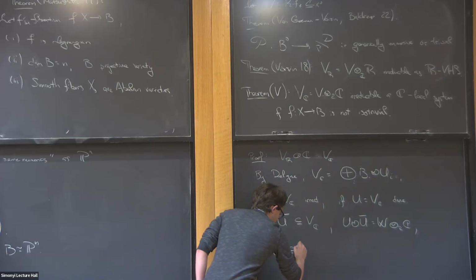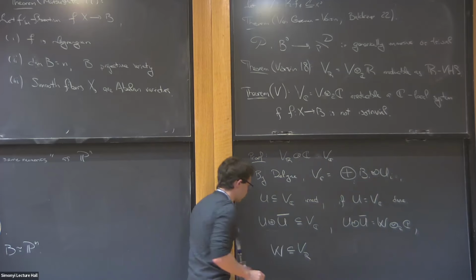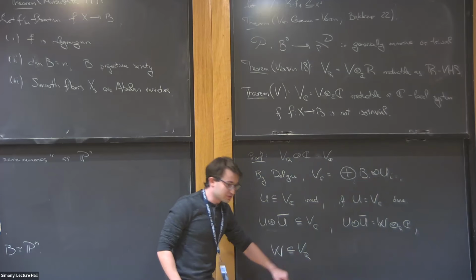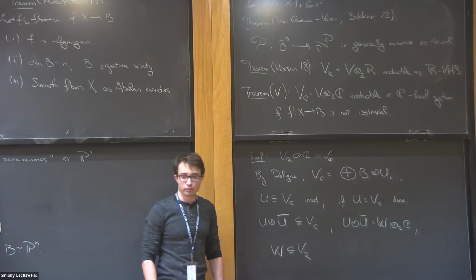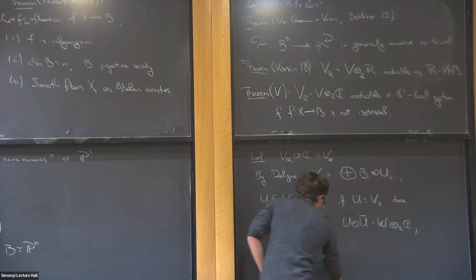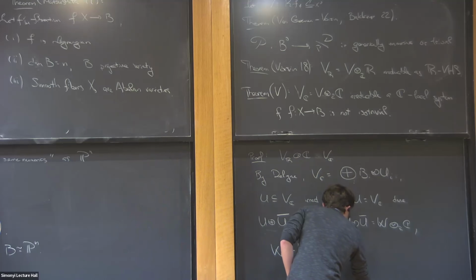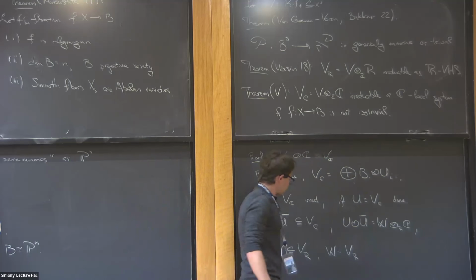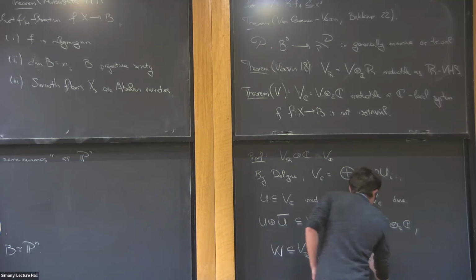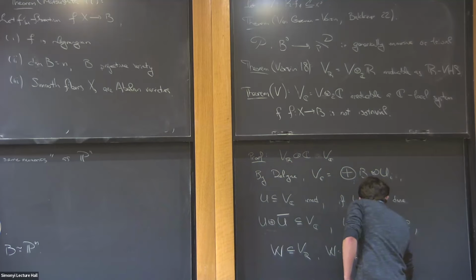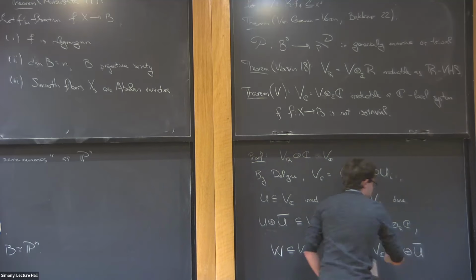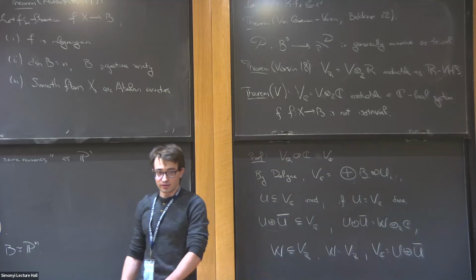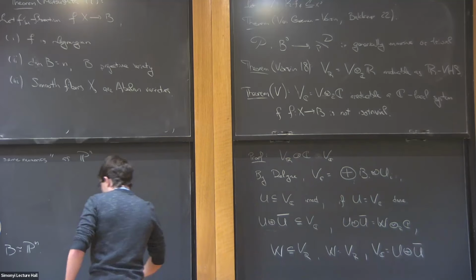So all of a sudden, I have an inclusion of real variations of Hodge structures, W into V. But Voisin proved that V is irreducible. So we have equality on the nose. And so we see that there's really only one possibility for what V can be if it's not irreducible. It had better be a product of something and its complex conjugate. Okay.